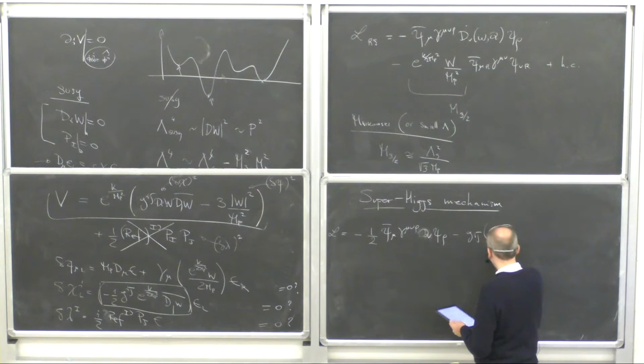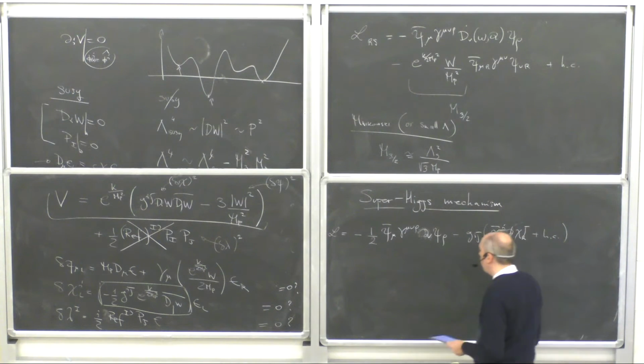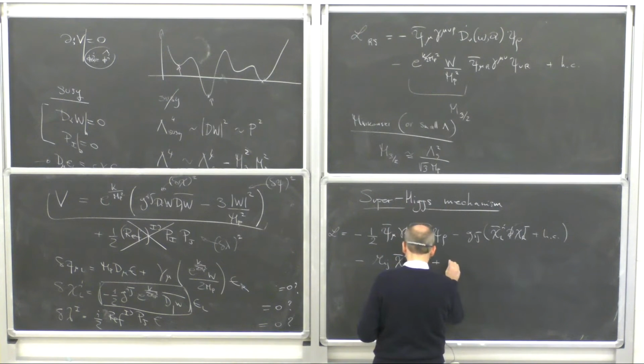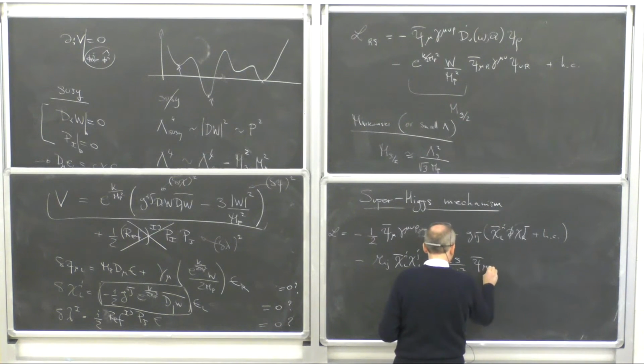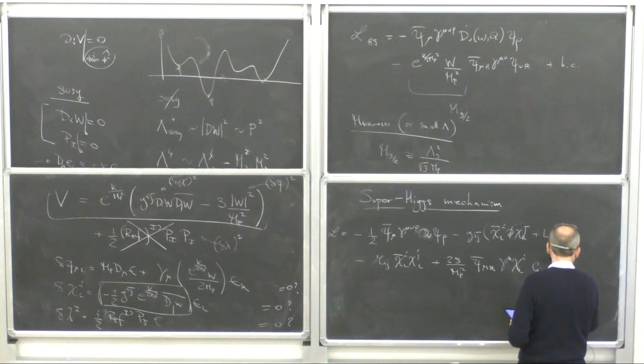Then I have the kinetic term, of course, here. And then I have the mass terms, okay? I have a mass for the chiral fields. And then I have a term, this is the interesting part, that mixes the gravitino with the chiral fields. And of course, again, plus Hermitian conjugate.